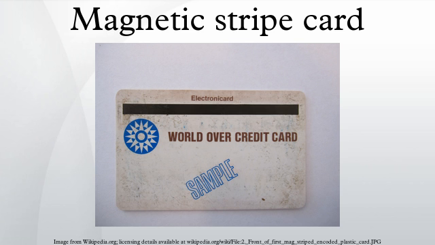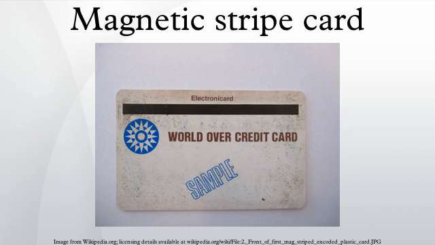Track 1, Format B. Start sentinel, 1 character. Format code equals B, 1 character. Primary account number, up to 19 characters. Usually, but not always, matches the credit card number printed on the front of the card. Field separator, 1 character. Name, 2 to 26 characters. Field separator, 1 character.